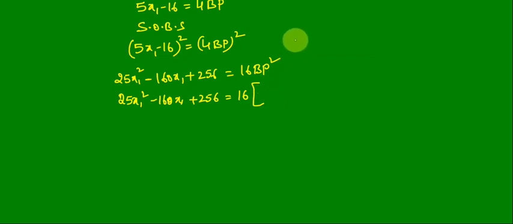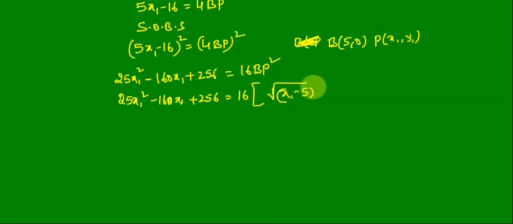B point is (5, 0) and P point is (x1, y1). So we'll substitute here: the distance between these two is the square root of (x1 minus 5) whole square plus (y1 minus 0) whole square, and the power square is again there, BP whole square is there, right?